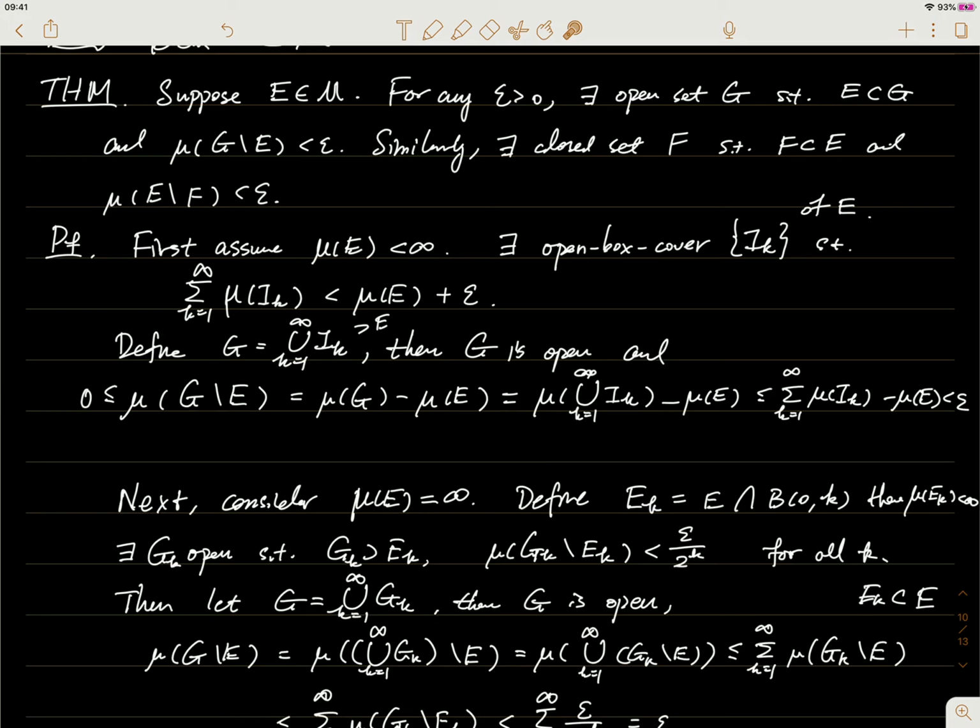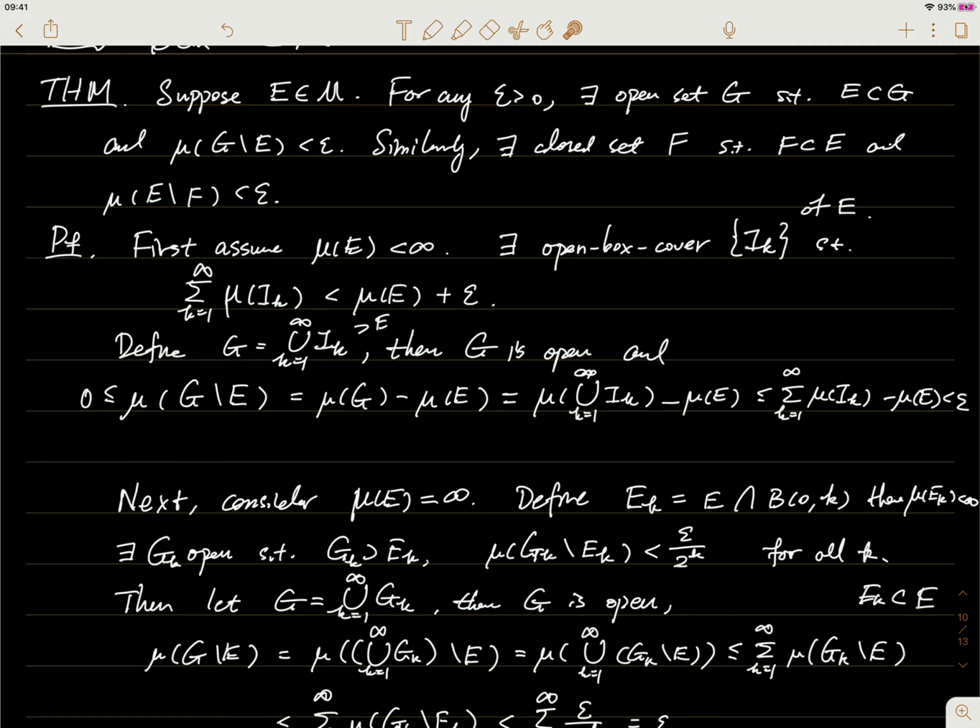Similarly, for the set E, you can use a very tight closed set F inside E, such that the difference between these two has a measure less than epsilon. Okay, so this is the second statement. For the same E, you can also find a closed set F, such that F is included in E, but the difference of them has a measure less than epsilon.